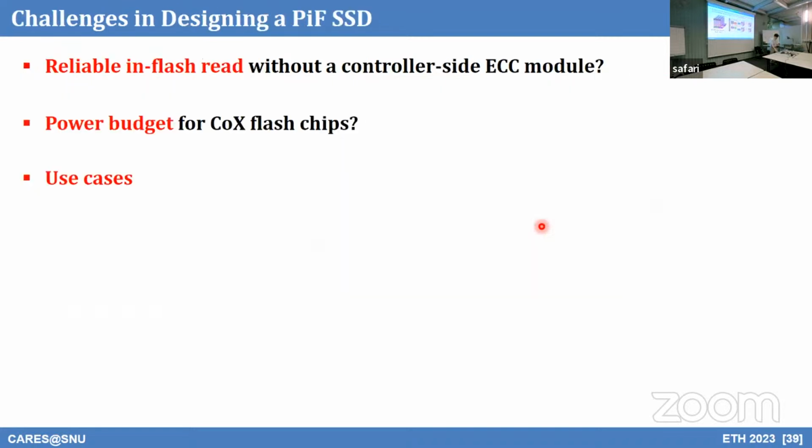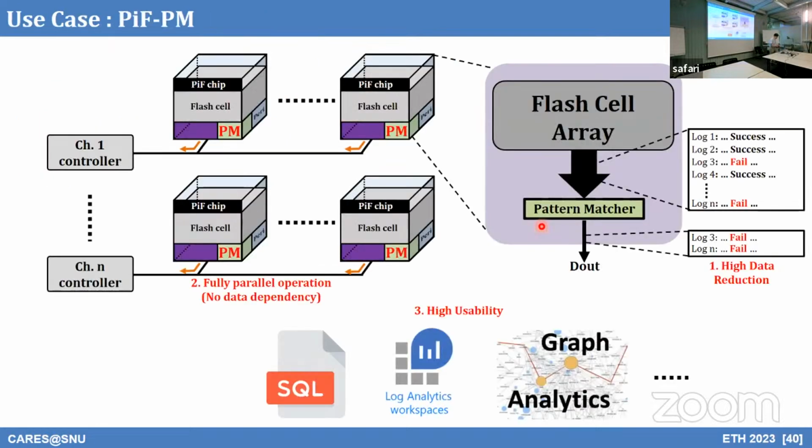Okay. So with these challenges, let me show you what we have done. This is actually ongoing work, but we have done a simple evaluation using a pattern matcher as an example. A typical case where this kind of acceleration is useful is when you have a simple operation which doesn't depend on the previous operation's result, so it should be data independent with high parallelism.